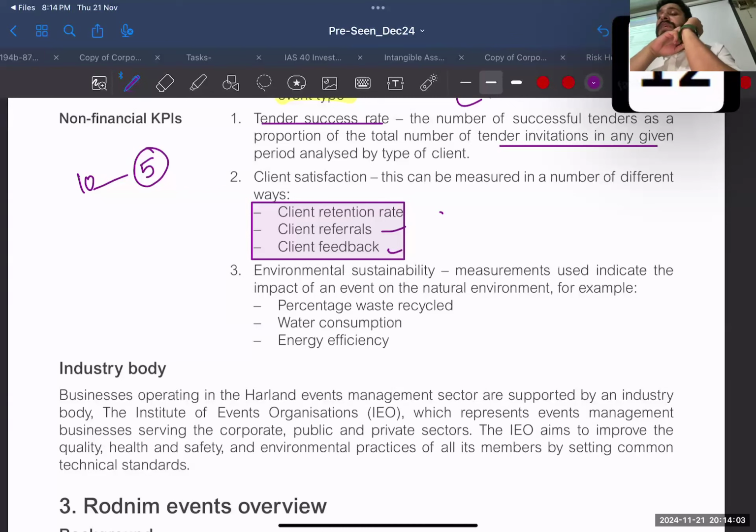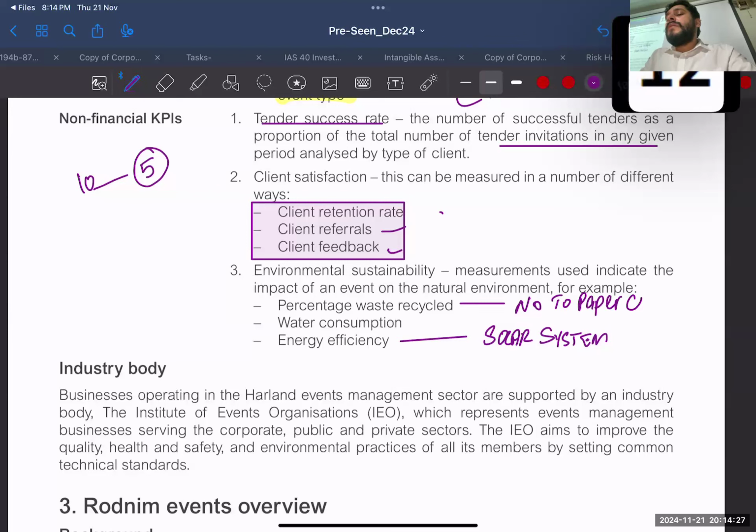So, percentage waste recycled, water consumption, energy efficiency. You can offer energy consumption based on a solar system, and percentage waste recycled, again, the amount of waste that you are recycling, or no paper glasses. And water consumption is reduced to a minimal level.